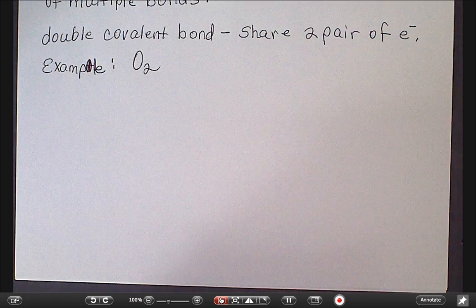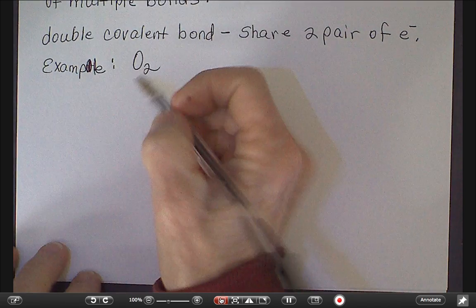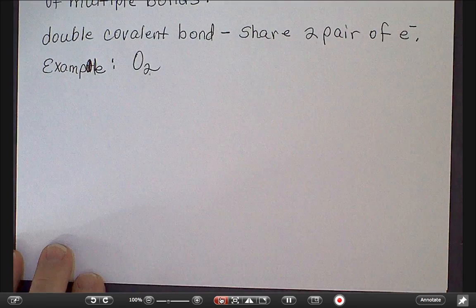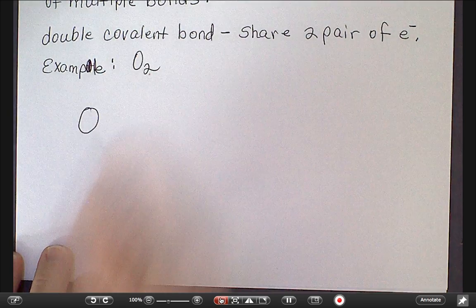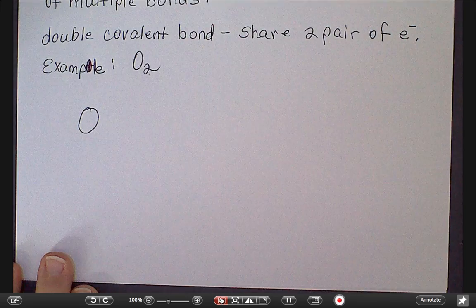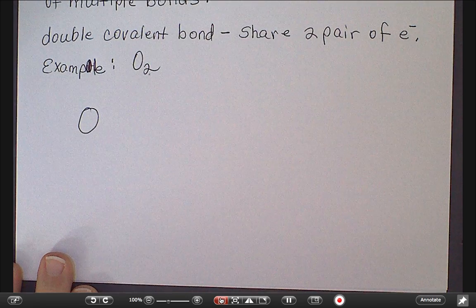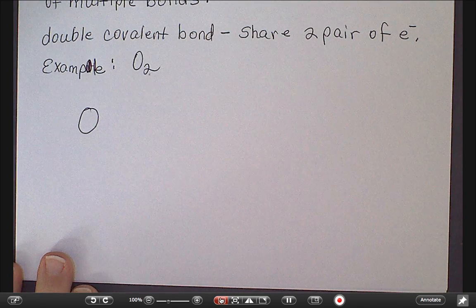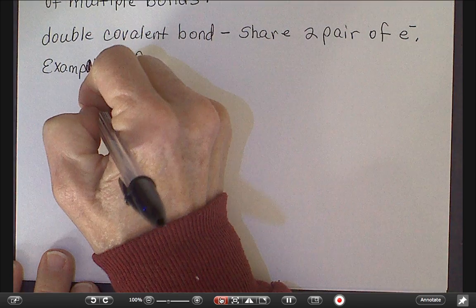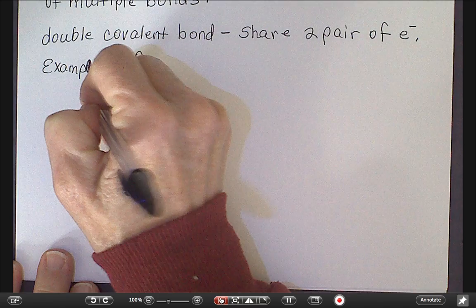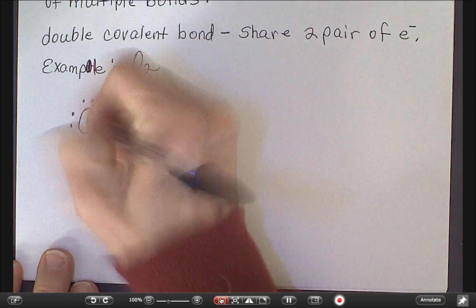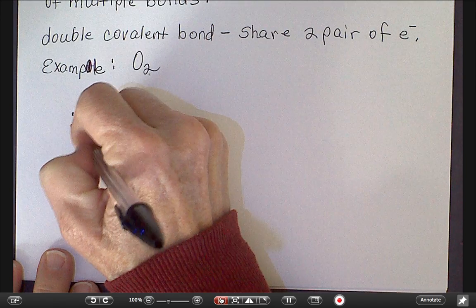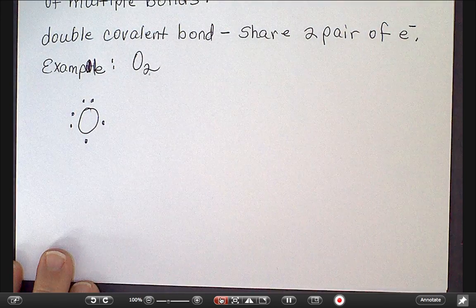Example. All right. How many oxygens are we going to draw? Two. Each oxygen brings how many valence electrons, kids? Look up at your group A number. Six. All right, so I'm going to do my double up on the top and the left side because I want you to be able to see more closely where those singles are.